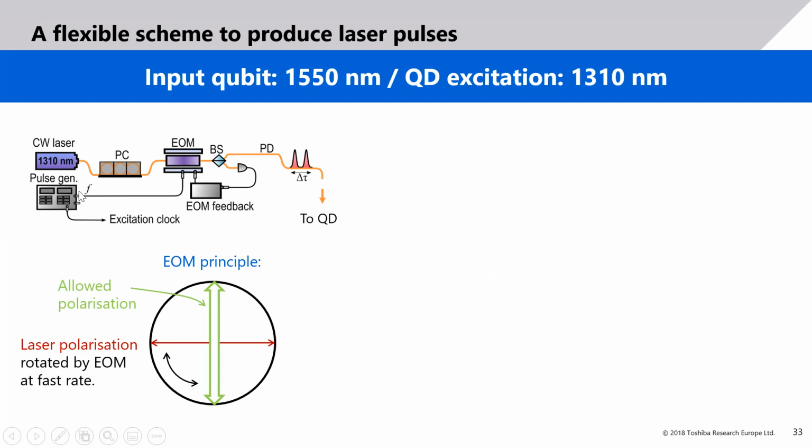Using a pulse generator, we apply a pulsed pattern to the EOM, which then rotates the polarization of the laser in and out of that polarizer at the end. So basically, our laser polarization is just rotated by the EOM in and out of the allowed polarization that's being sent through.